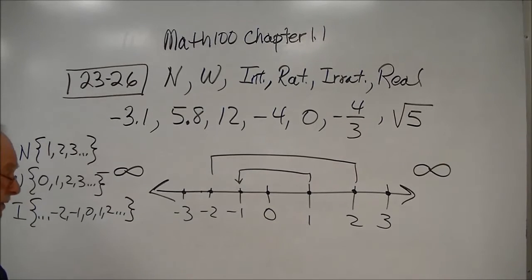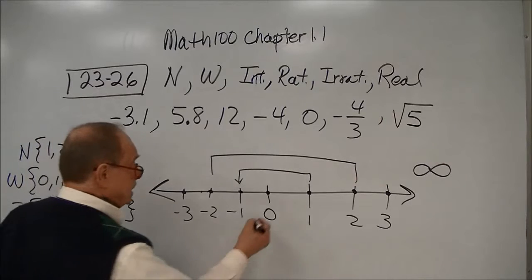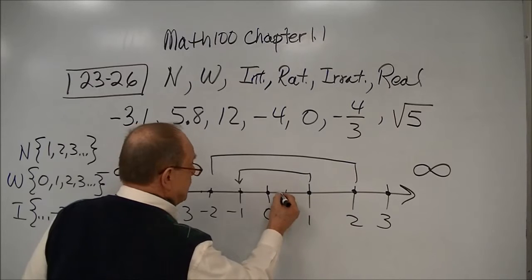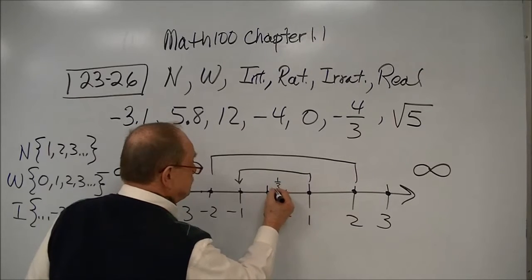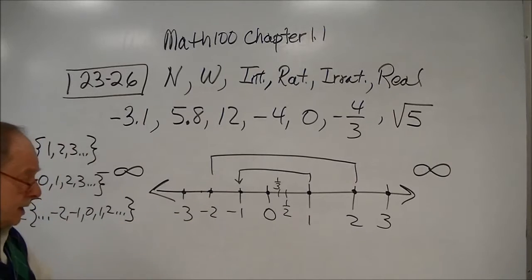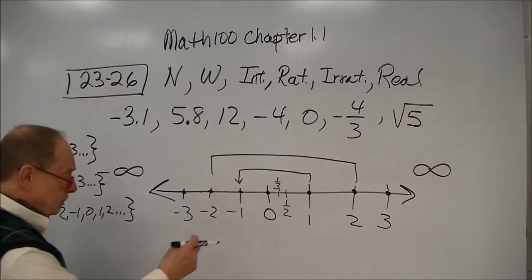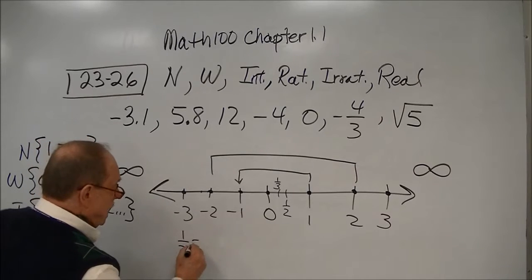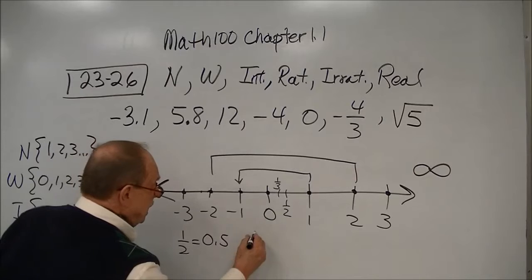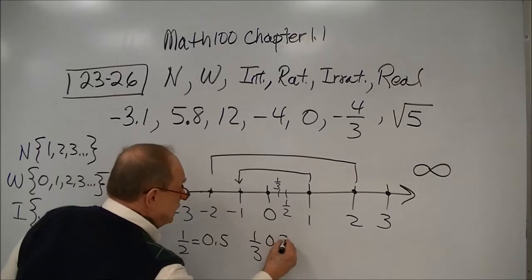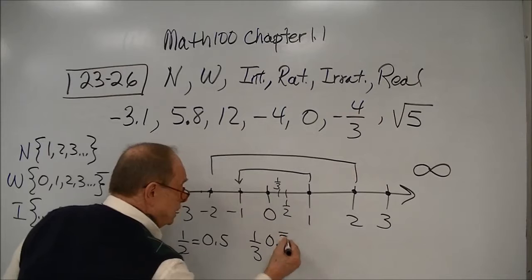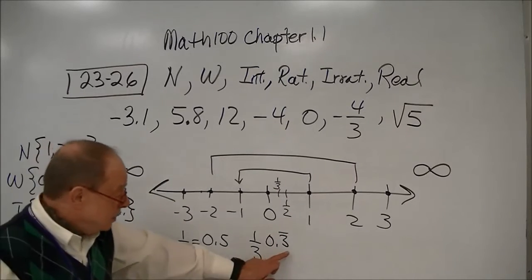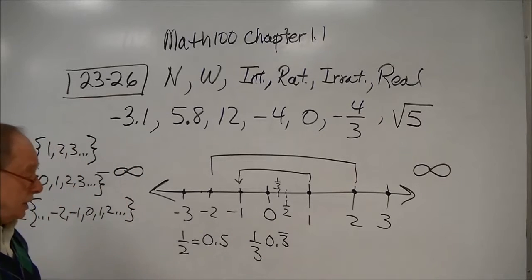Now, are there other numbers on the number line? Yes. As we see right here, there is 1/2. There's also 1/3 there. Now, these numbers, if you convert them into their decimal form, 1/2 equals 0.5, and 1/3 equals 0.3 with the 3's repeating, such that it terminates as it does for 1/2, or repeats as it does for 1/3.